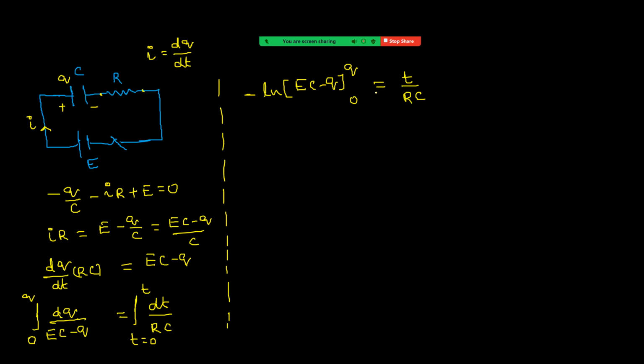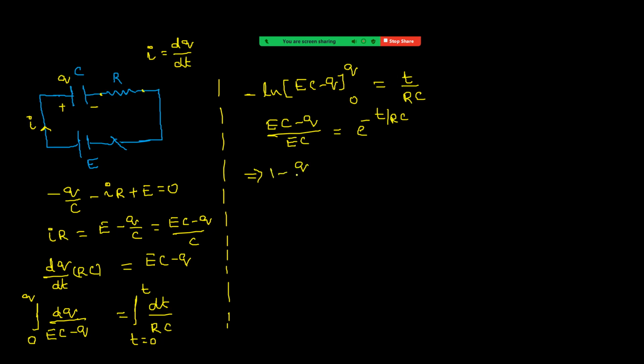Now substitute limits, take the minus sign. Substituting limits here, it is EC minus q upon, taking 0, EC, that is equal to e power minus t by RC, right? Then see what we get. EC by EC is 1.